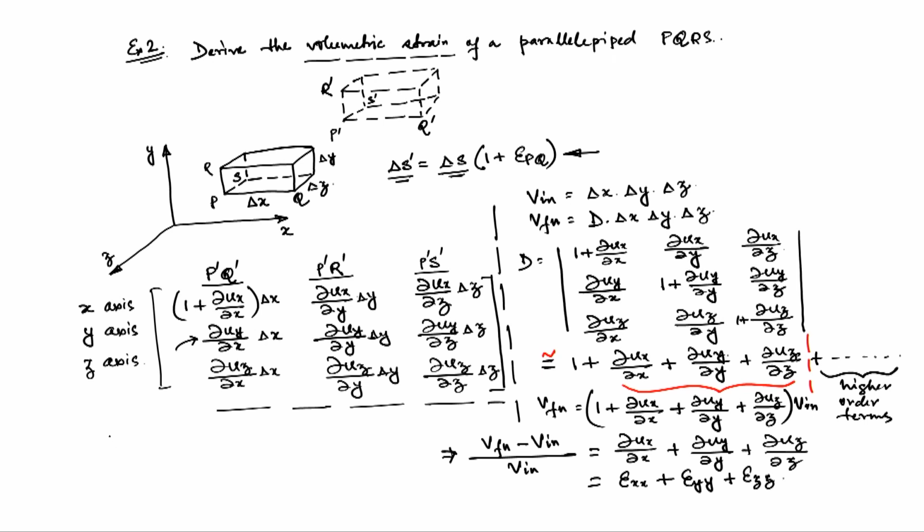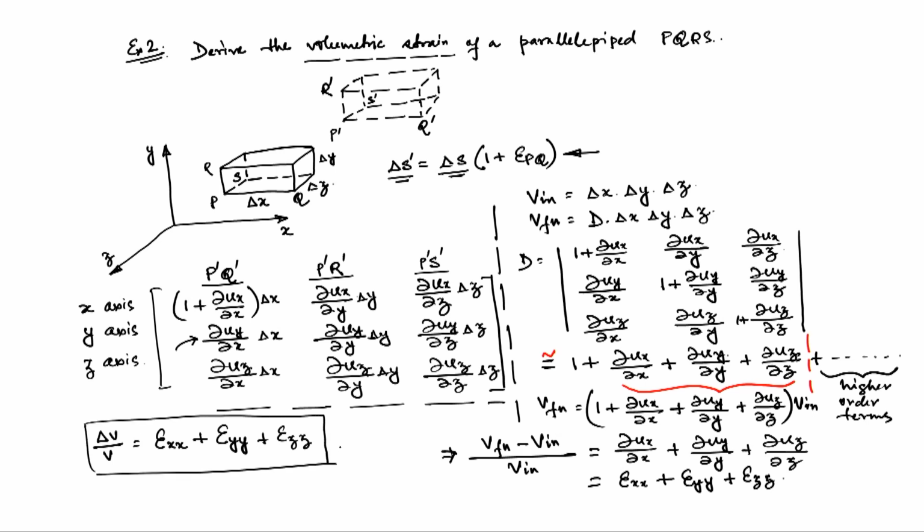Right. So, we get volumetric strain delta V by V is equal to the summation of the leading diagonal. So, that is the expression for volumetric strain. Right. Okay. So, let us take a different problem. Third problem.